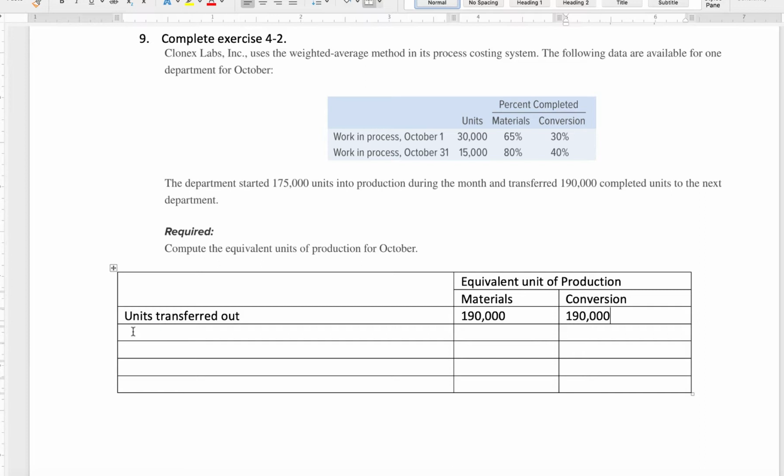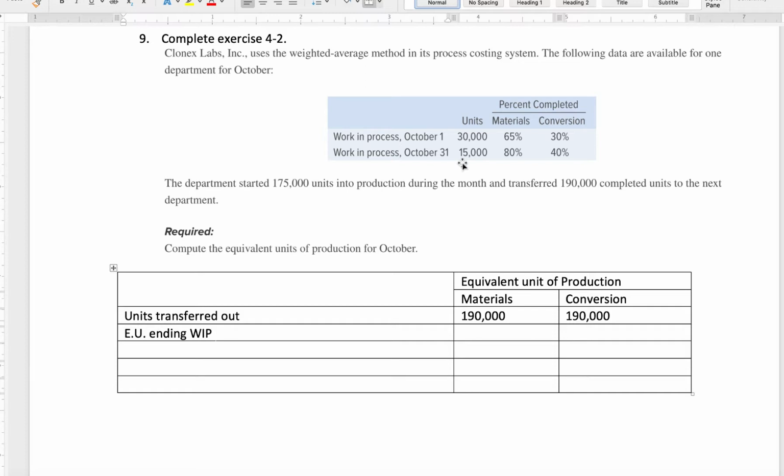Okay? The next thing I need to do, and I'm going to abbreviate here, is figure out what the equivalent units are in my ending WIP. Easy peasy lemon squeezy, right? How many units do I have in ending WIP? Well, my chart tells me I got 15,000 partially completed units.